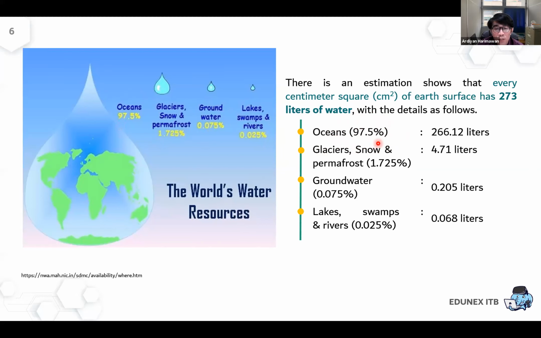It will be in the form of seawater, salt water, where the salt concentration is quite high. So if you want to use this seawater, then you need to apply more advanced technology.